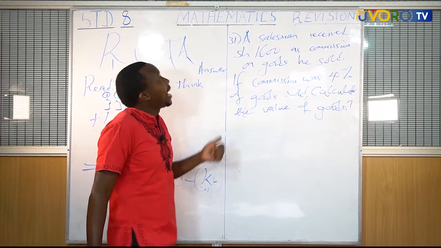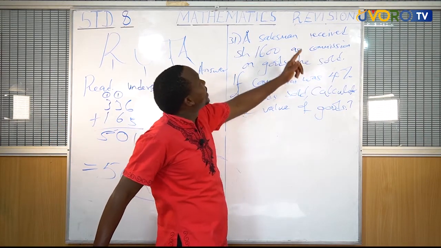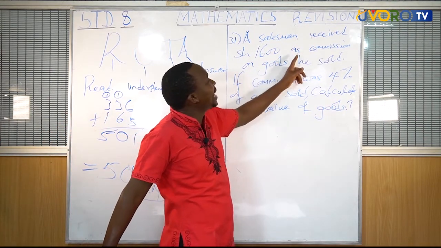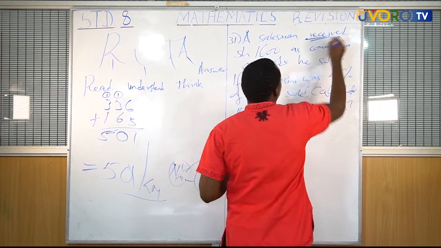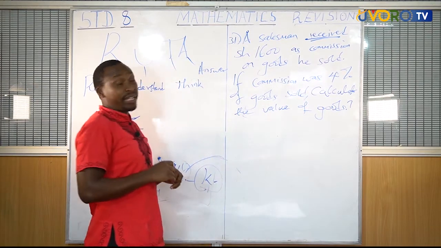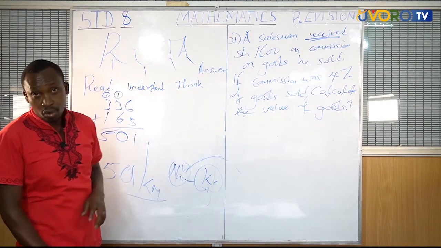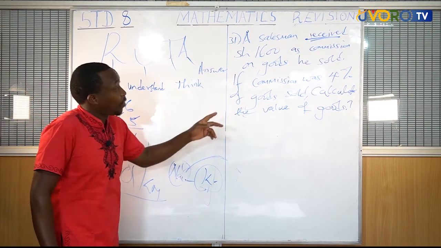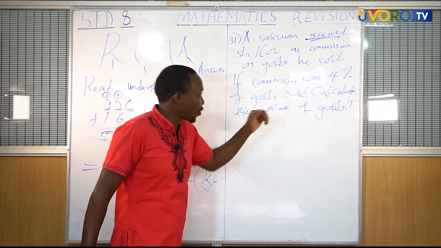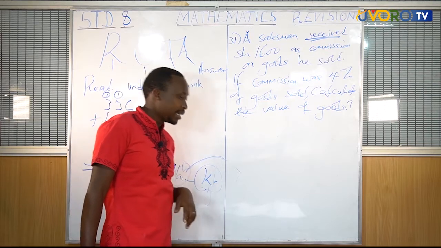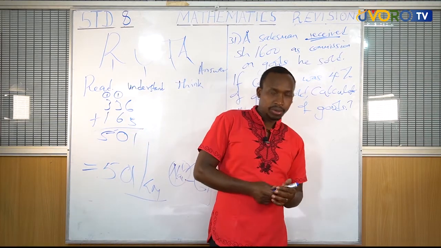Let's read. A salesman received shillings 1,600 as commission on goods he sold. If commission was 4% of goods sold, calculate the value of goods.